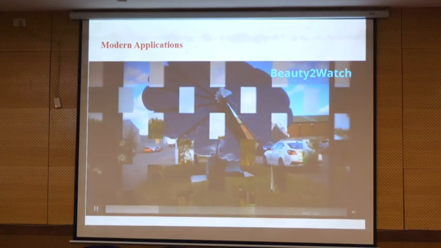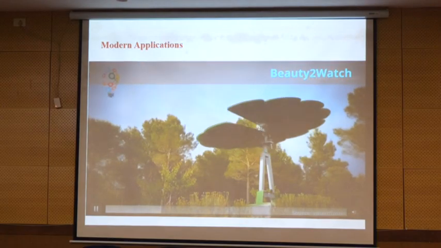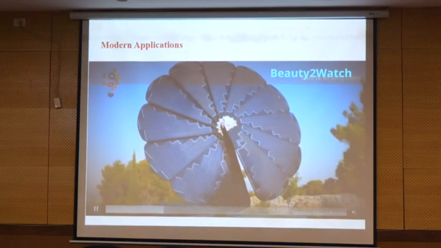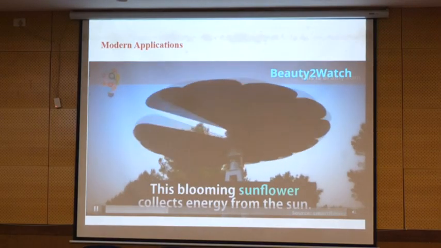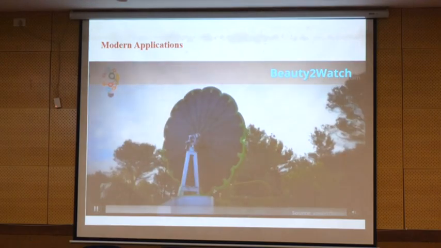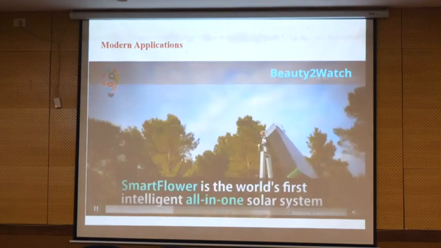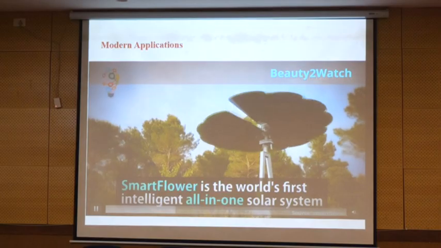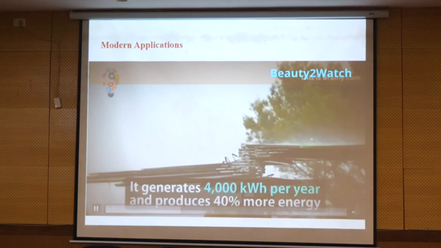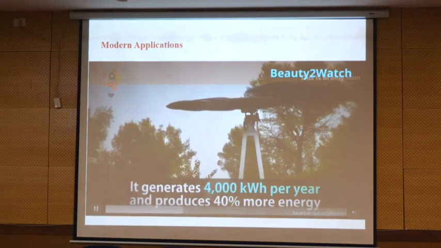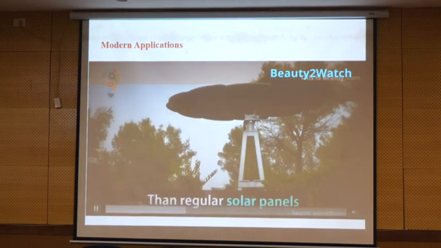We have a box for it, and the reason is that if some storm or something happens, it doesn't hit the PV panel. And it changes based on the direction of the sun, so we always have the maximum radiation to provide the maximum power. If a storm happens, it can get back into the box again.